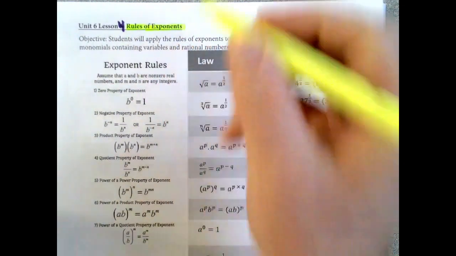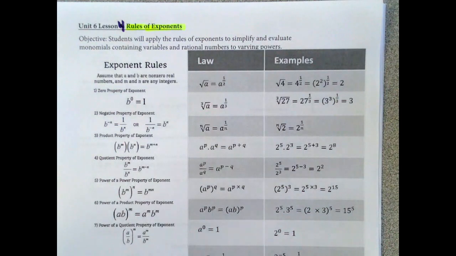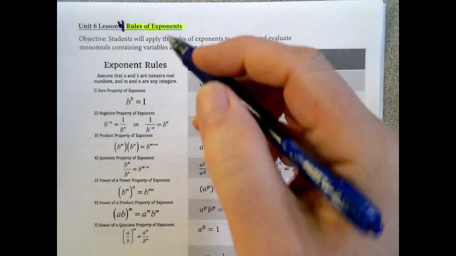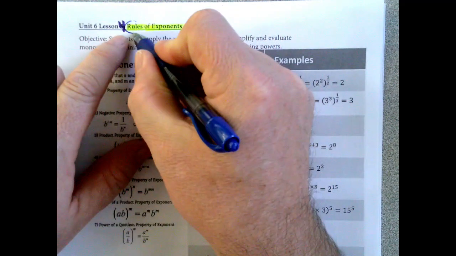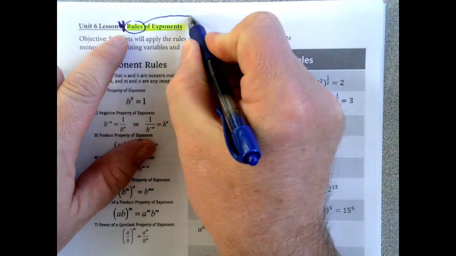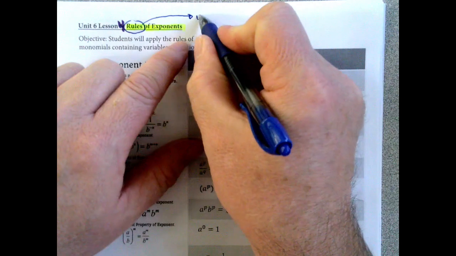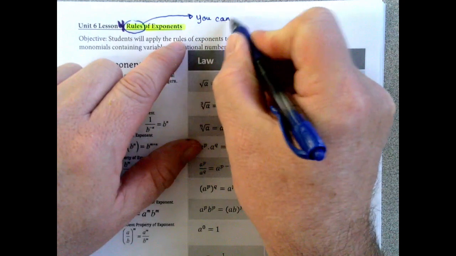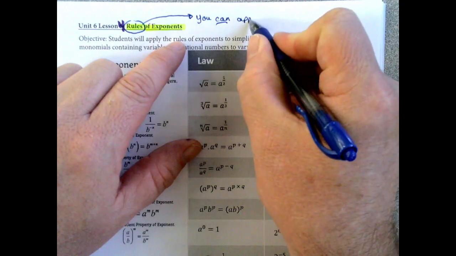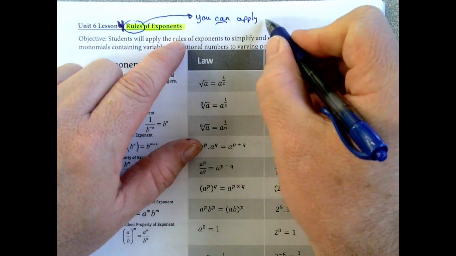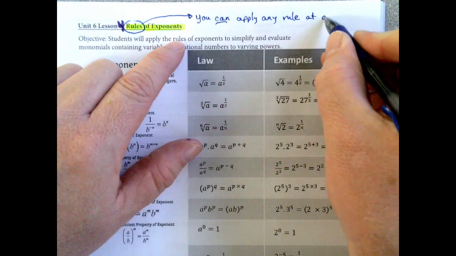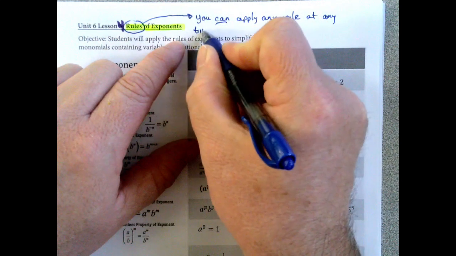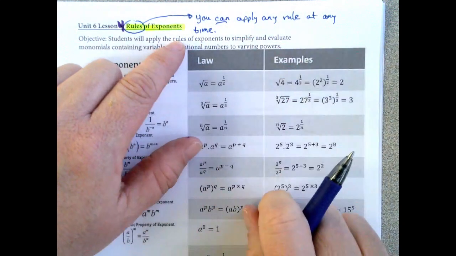Rules of exponents. Now, this is a really tricky lesson here because you see these are called rules. The tricky part is that you can apply any rule at any time. That becomes a little bit tricky because it's not sequential.